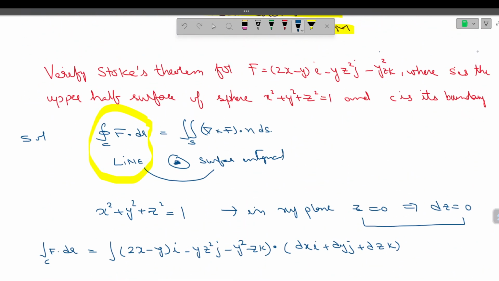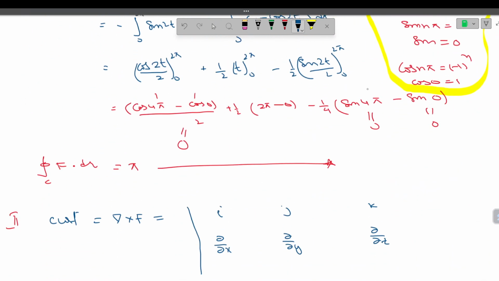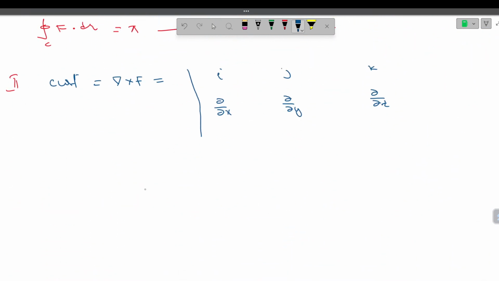F is 2x minus y, this is minus y z square minus y square z.